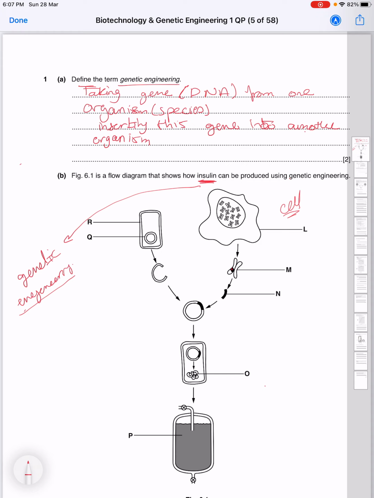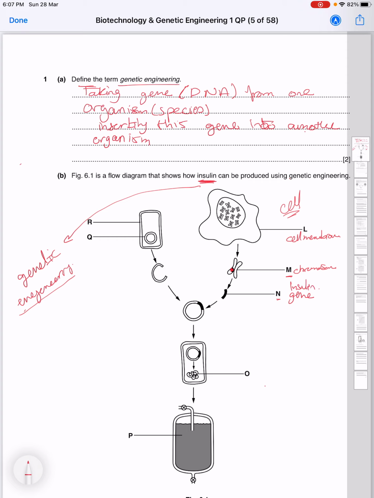Obviously, this is the gene, I'm drawing with red. M is the chromosome, and L is the cell membrane of the organism that I need to remove the gene from. N is this particular gene, which should be here the insulin gene, right?